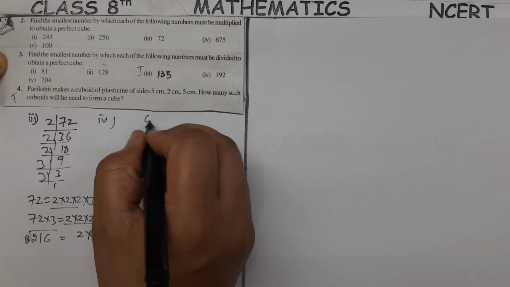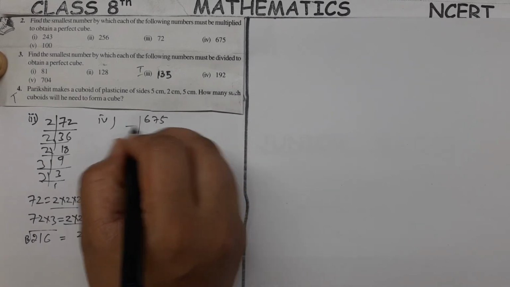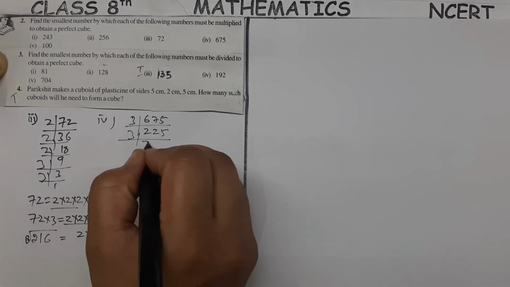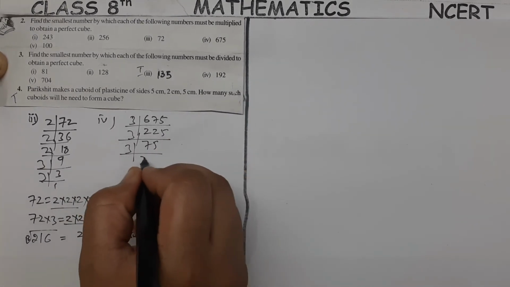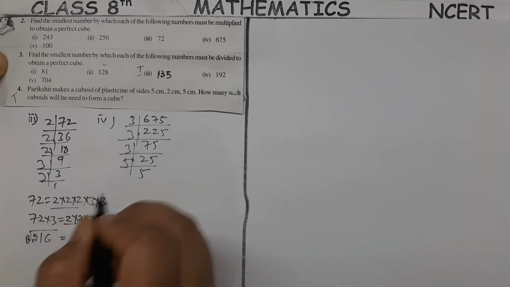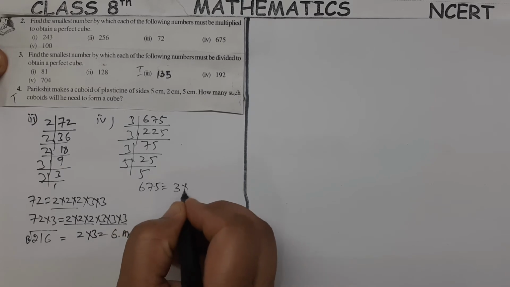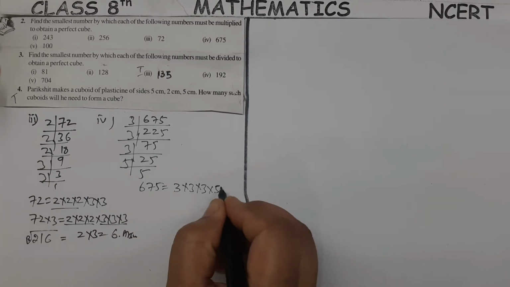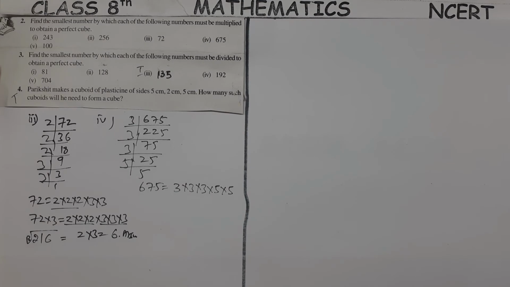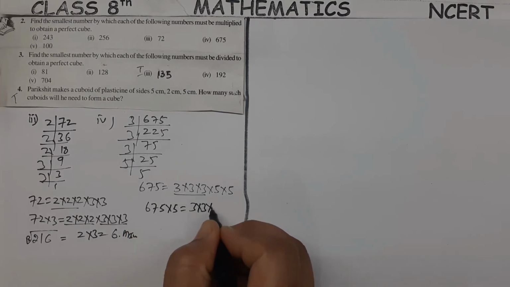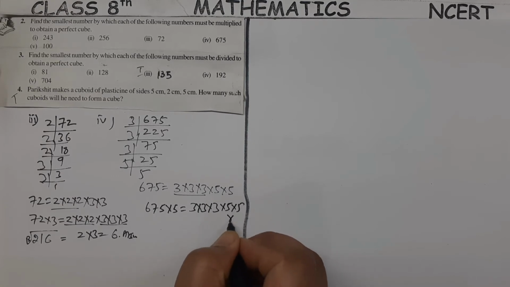Next is part fourth. Divide by 3, again by 3. Three times 3, 2 times 5. 5 is not in a triplet. That's why we multiply both sides by 5.